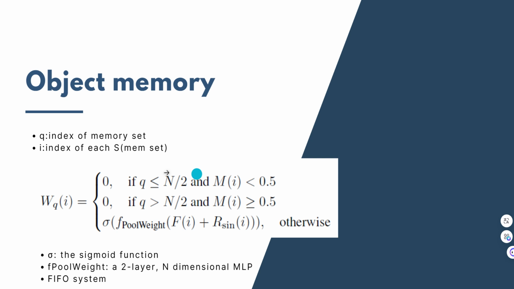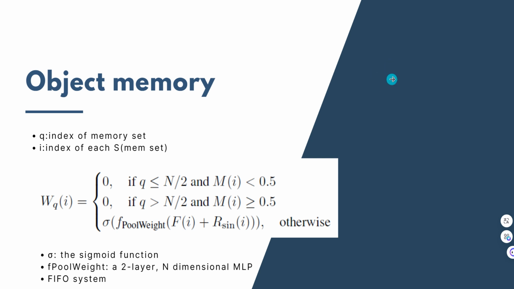This is the mask definition, where Q is the index of the memory set and I is the index within each memory set. That means the object memory structure has many sets, and each set indicates a frame that was trained. So Q indicates which set should be selected, and I indicates the index of the component within that set.